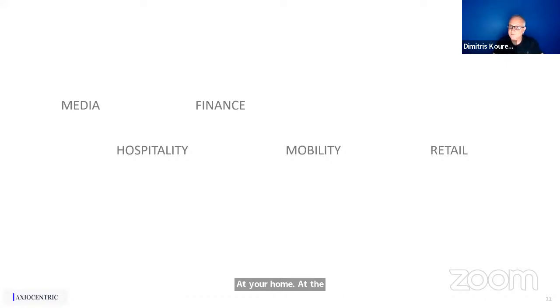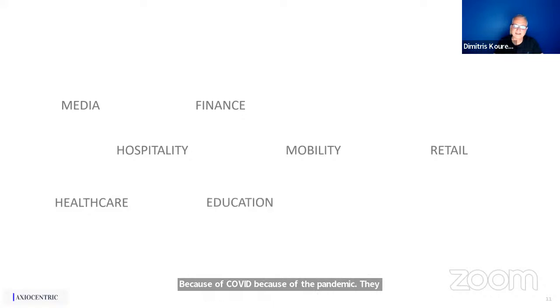So retail was disrupted very much as well, but you can see also industries that have been very slow in changing until COVID, the pandemic. They had to change much faster than before, like healthcare, like education, and like government as well.